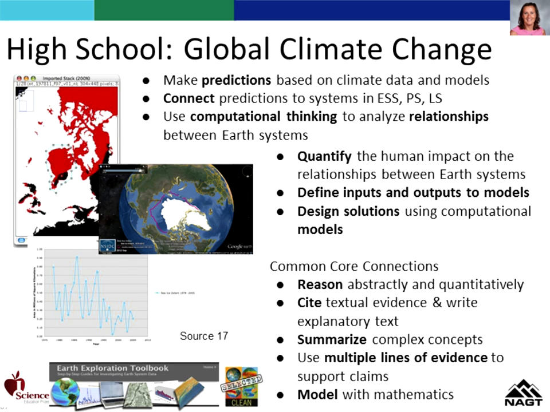So a really nice place to take a look at some lessons for global climate change is a resource called the Earth Exploration Toolbook. It's a collection of lessons. This particular one that I'm showing here is a chapter called Wither Sea Ice. And the activity is really multidimensional, and it begins with students being introduced to the community of Churchill, Canada.